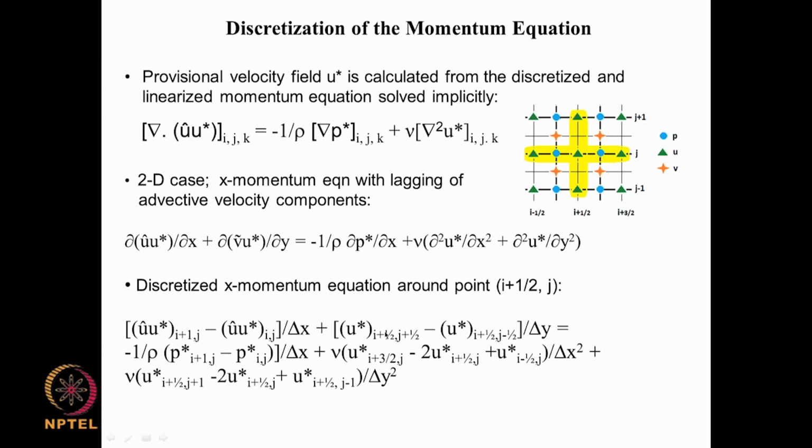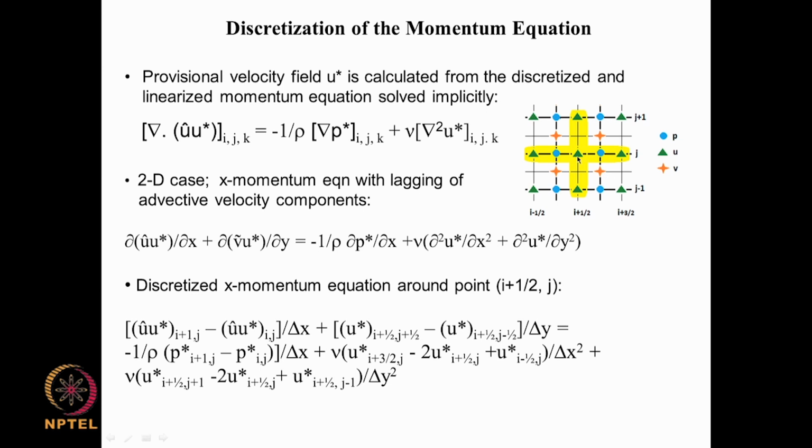And similarly, we should be looking at this term here as this value minus this value, this value minus this value divided by delta y here. So there is a v that is missing here, v hat v tilde at I plus half j plus half, so that is this one, minus v tilde I plus half j minus half, so that is this one, divided by delta y. We are writing it like this.